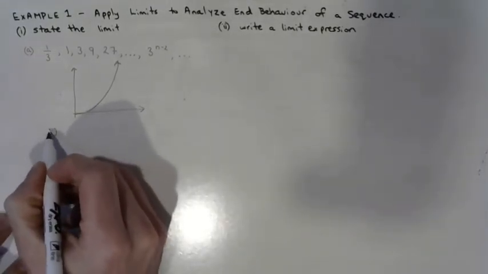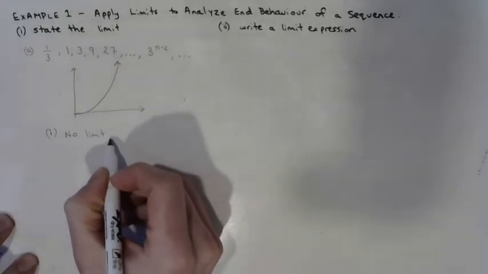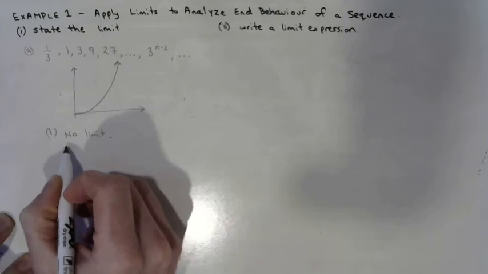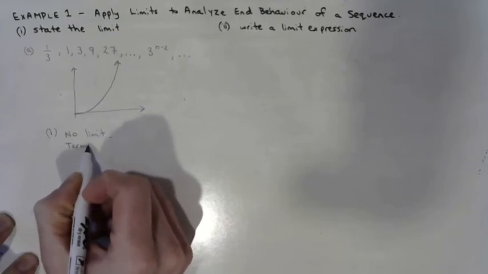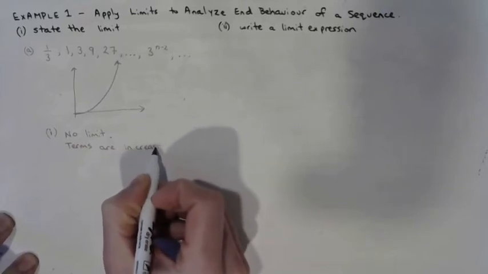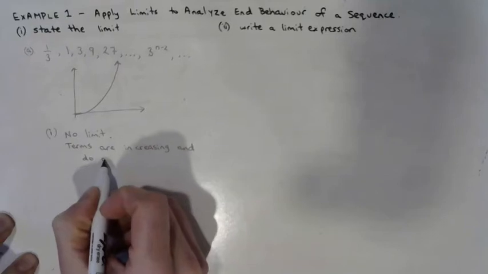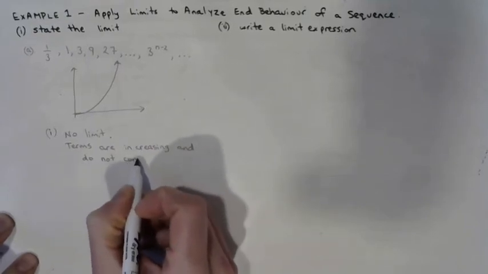So for 1, this has no limit. Why? Terms are increasing and do not converge.